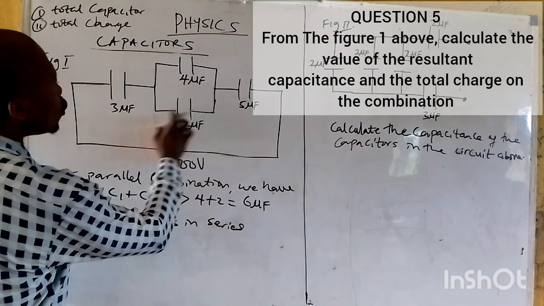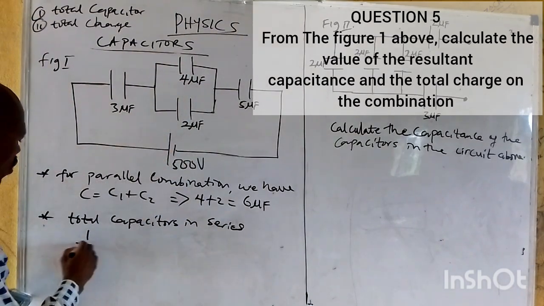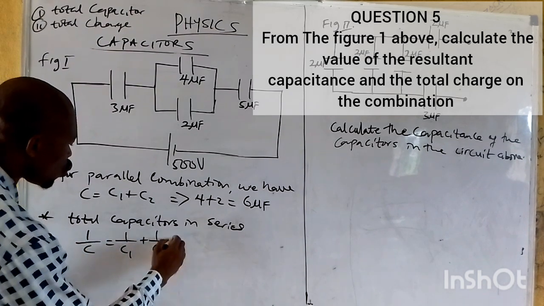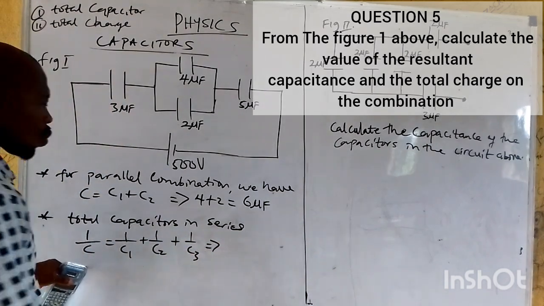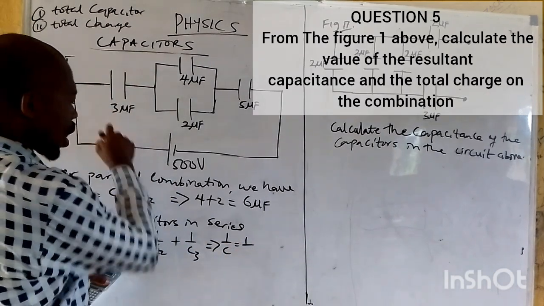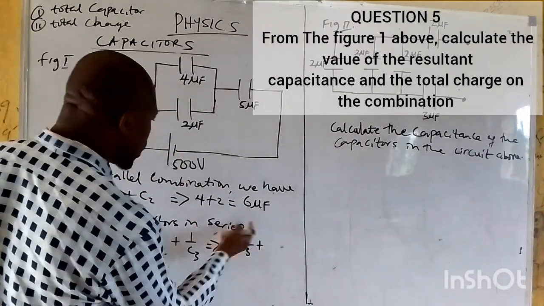We now have these 2 and this one put together. We have 1 over C is equal to 1 over C1 plus 1 over C2 plus 1 over C3, which will give us 1 over C equals 1 over 3 plus these 2 put together, which is 6.